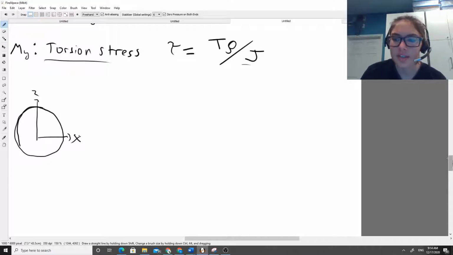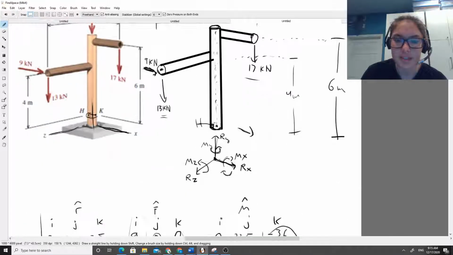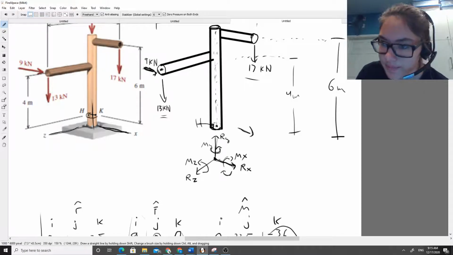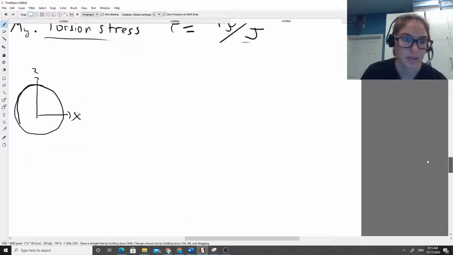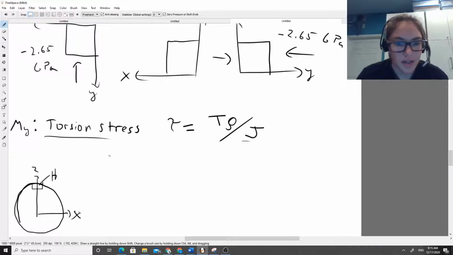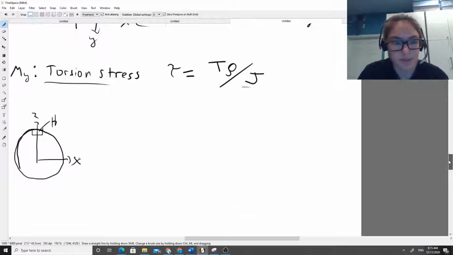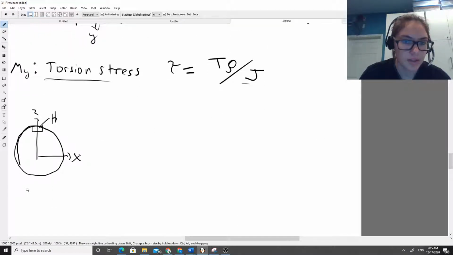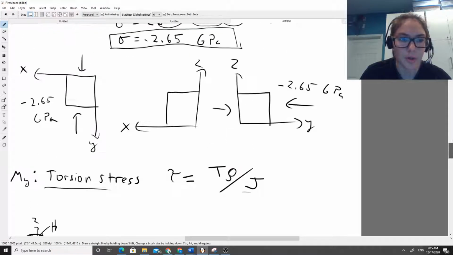Where's our point of interest on this? We'll check out our FBD again. That's just going to be directly on the outermost fiber of our circle on the Z. So that's going to be point H. Okay. And let's just plug stuff in, keeping in mind we have to draw our moment reaction.